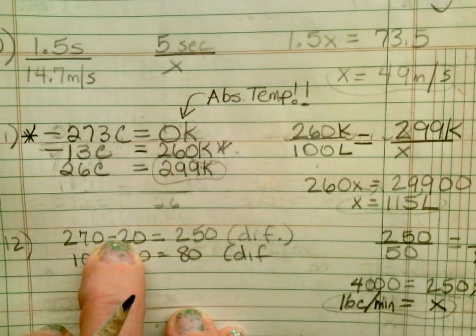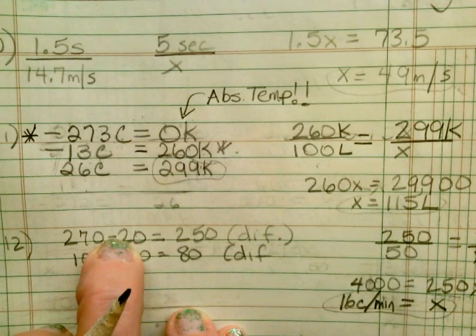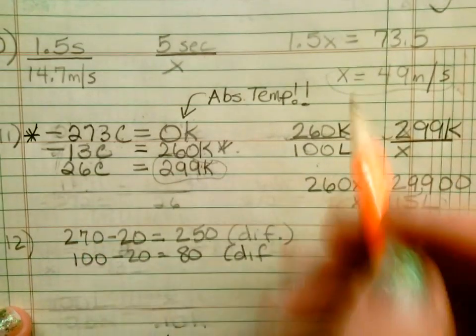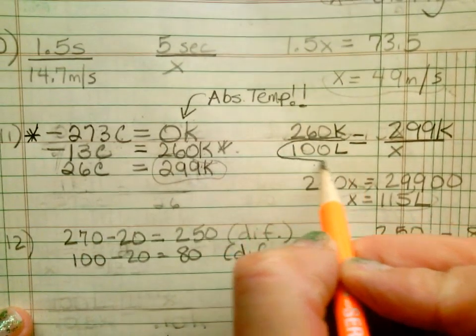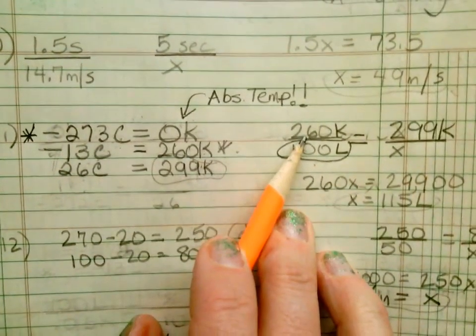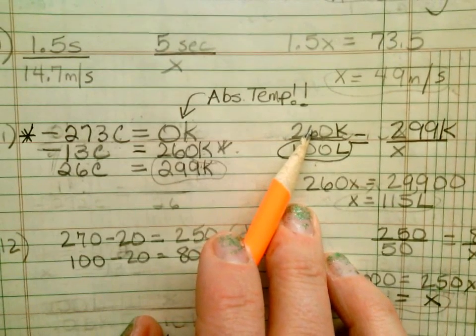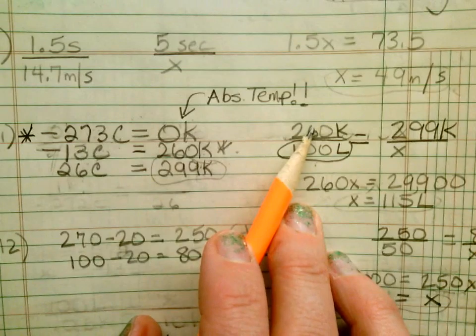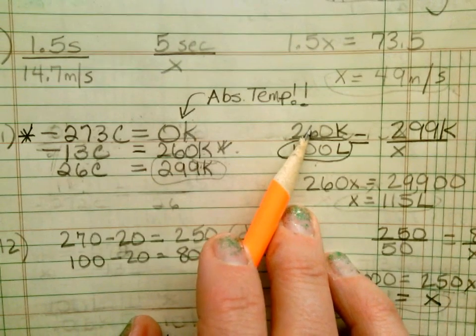And they say this: if gas occupies 100 liters at negative 13. Well, I've got 100 liters, but I can't use negative 13 because it doesn't vary directly with Celsius. It varies directly with absolute temperature.